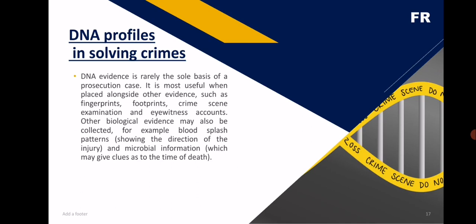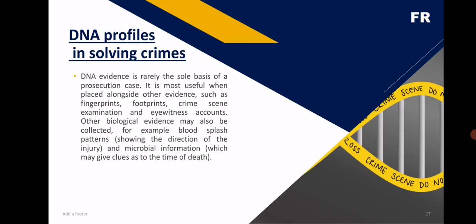While discussing more about DNA profiles in solving crimes, the result from a DNA profile may be used in court. For example, the samples collected from a crime scene might match the DNA of a suspect. This could be used as evidence that the suspect had been present at the crime scene, but it does not necessarily prove that the suspect committed the crime. So, DNA evidence is rarely the sole basis of a prosecution case.